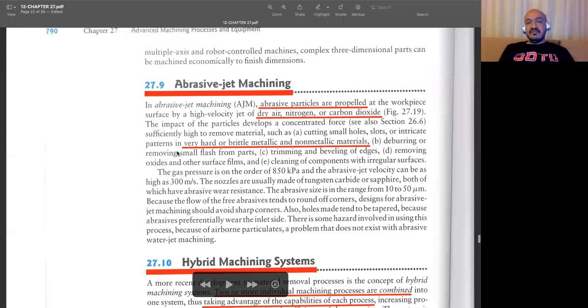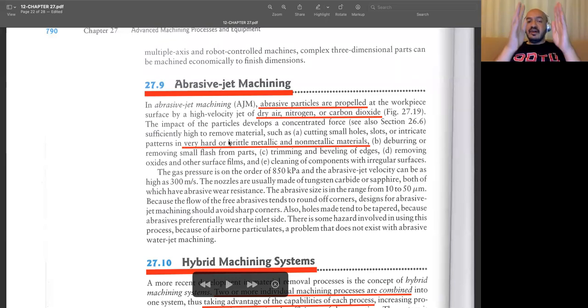Then we have another similar process which is called abrasive jet machining. This time we are not using water, but instead we are using a jet of dry air, nitrogen, or carbon dioxide. And again, in this process, we need to be using abrasive particles.